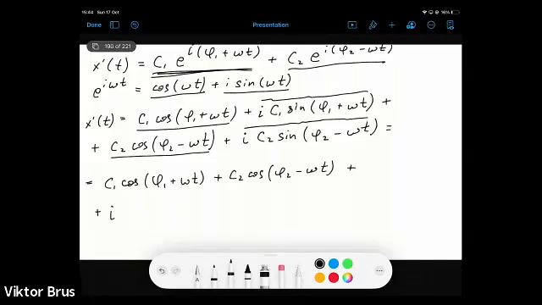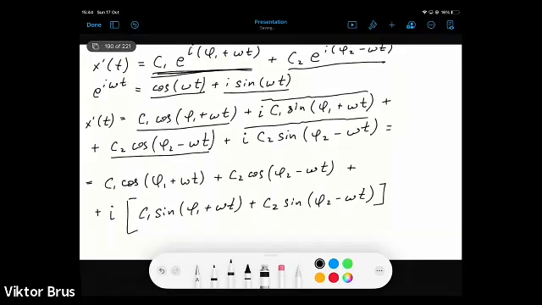So imaginary part, we have i and open square bracket. It will be, first our imaginary component is C1 times sine(φ1 + ωt) plus C2 times sine(φ2 − ωt).